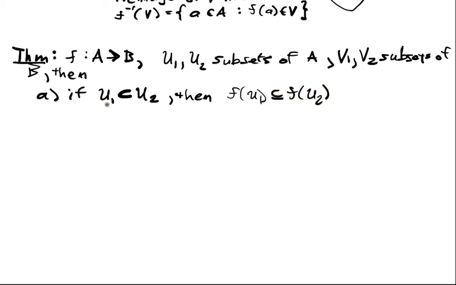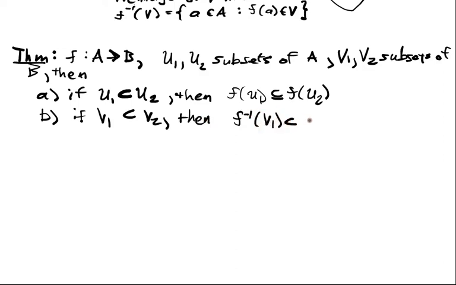And that's pretty easy to see. (b) How about B? If V1 is a subset of V2, then this is a little more tricky, but you can show this. Then f inverse of V1 is contained in f inverse of V2. Still not too bad, right? It mostly is making sense.